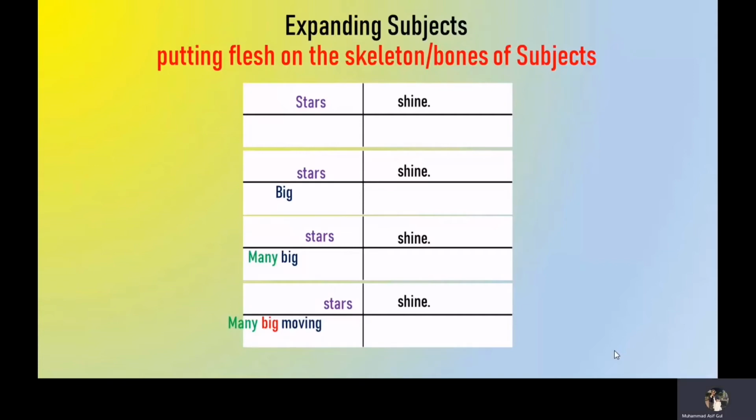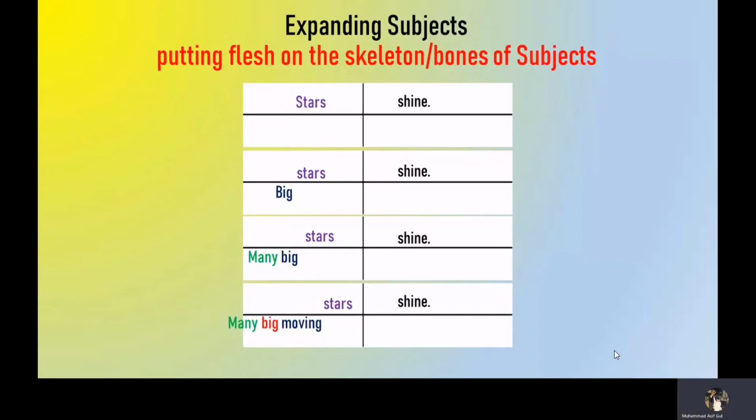You should know another thing, that big is an adjective, and adjectives qualify nouns and adjectives come before nouns. You can see here that big comes before stars.